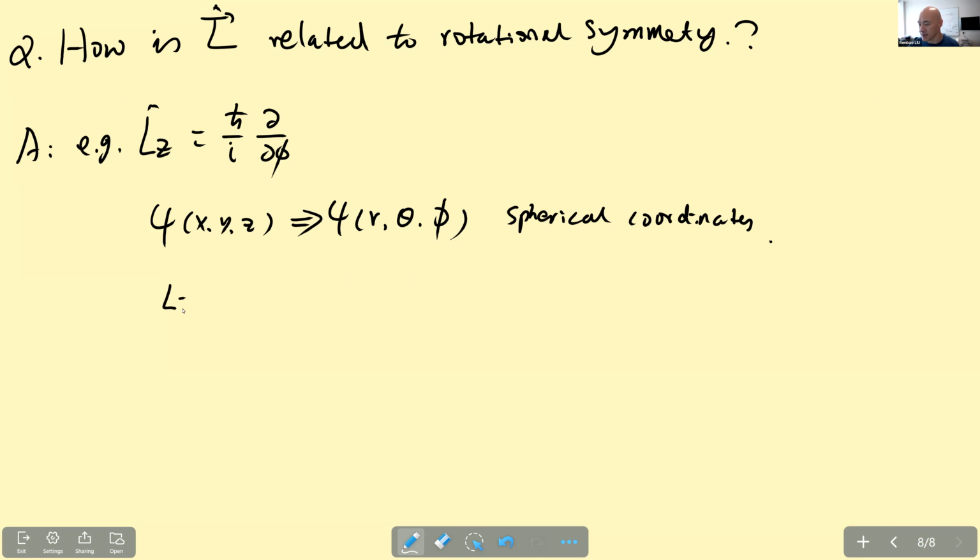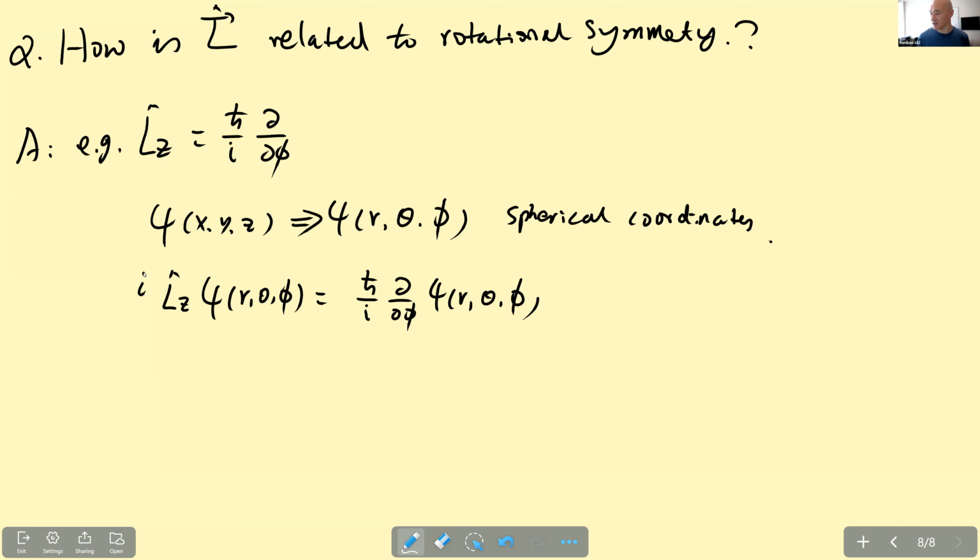So of course, Lz acting on psi(r, theta, phi) is nothing but h bar over i and partial phi. Very simple, right? But if you multiply by i times h bar, that will cancel this, right?